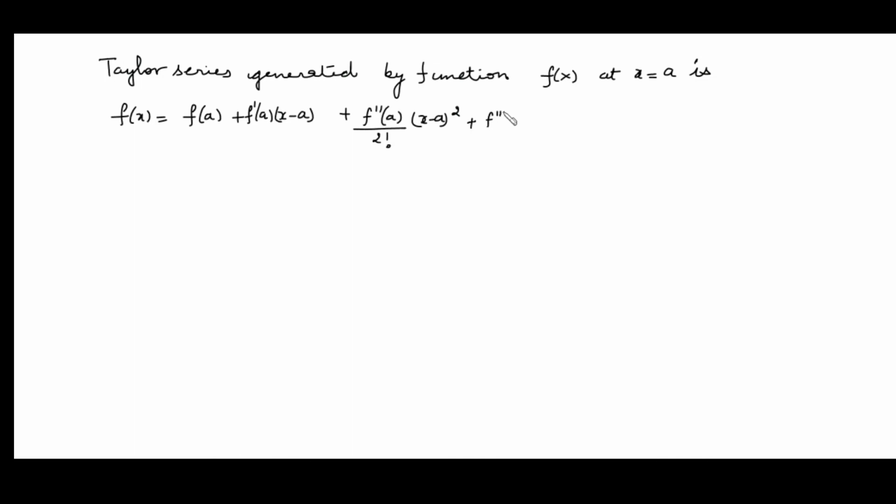The next is f triple derivative at a upon 3 factorial into (x minus a) whole cube, and so on. The nth term is the nth derivative of the function at a divided by n factorial into (x minus a) to the power n, and so on. So this is the Taylor series generated by this function at the point x is equal to a.